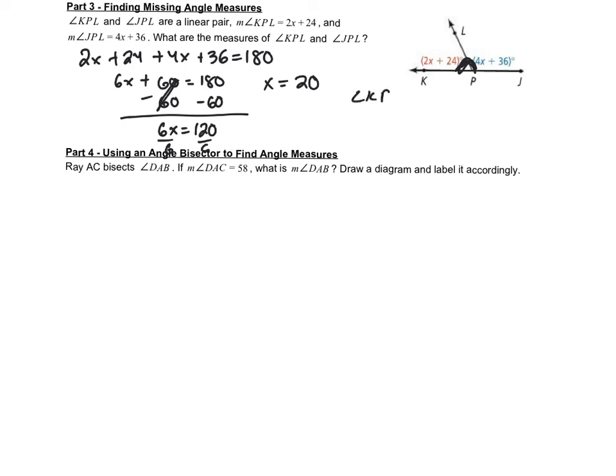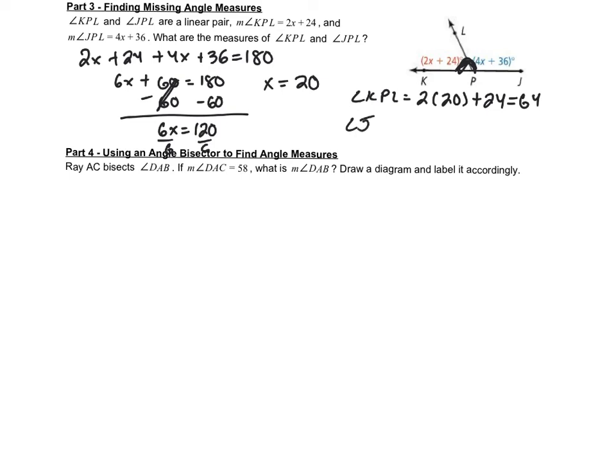So KPL was 2x plus 24. 2 times 20 is 40, plus 24 is 64. Which looks like it's true because we can look and tell that KPL is an acute angle, and 64 is less than 90.